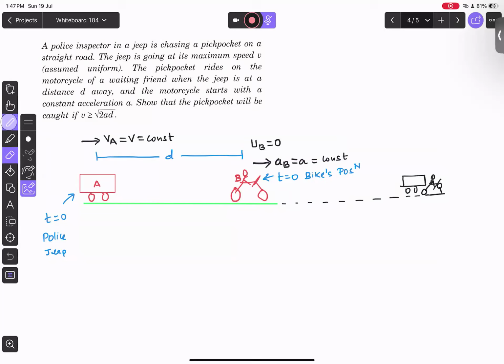Now, at t equals 0, our police guy is here, and at time t he reaches here. At t equals 0, the bike is here, and at time t the bike reaches here. So in time t, how much displacement has the bike undergone? This much.